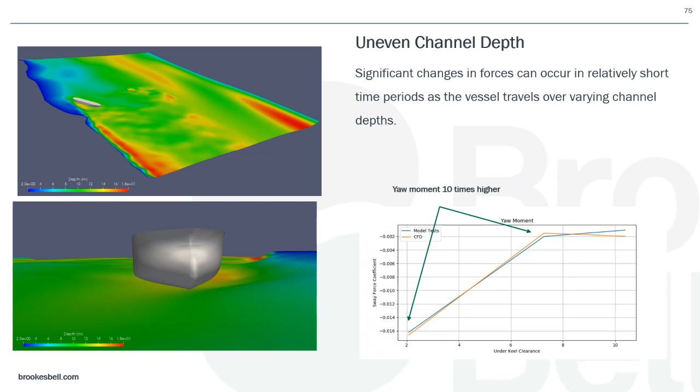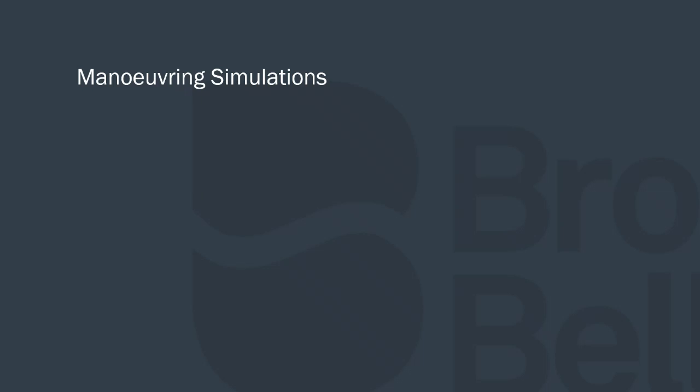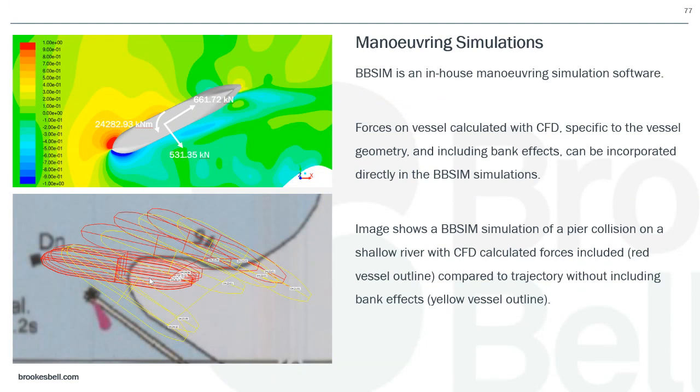So if you go over a particularly shallow part of the river, you can have a quite sudden yaw moment that's suddenly 10 times higher than it was previously, and that can obviously have impacts on the manoeuvring of the vessel, especially if the captain isn't expecting these kind of forces. For real world situations, we often want to know how the manoeuvring of the vessel was affected.